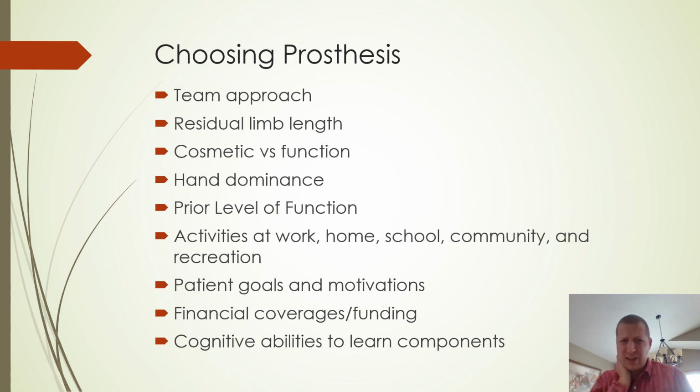And again, I really liked the upper extremity video for this. Is it more of a cosmetic prosthesis, so somebody doesn't want to look different, or is it going to be more related to function? In the video, there's a lady who has an upper extremity prosthesis, and it actually looks quite real.